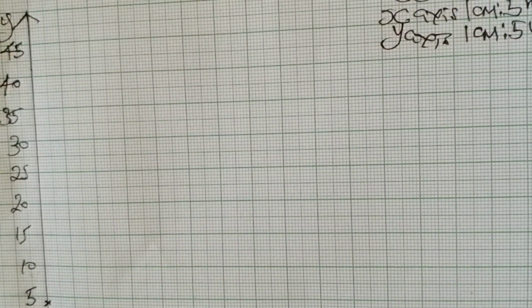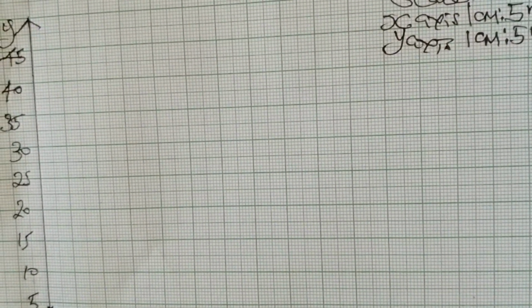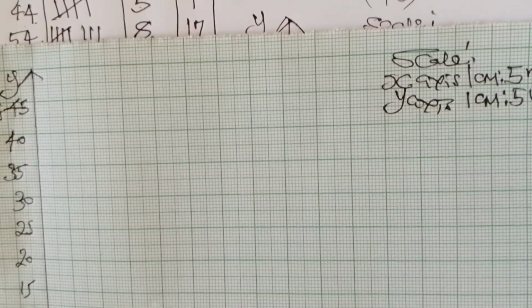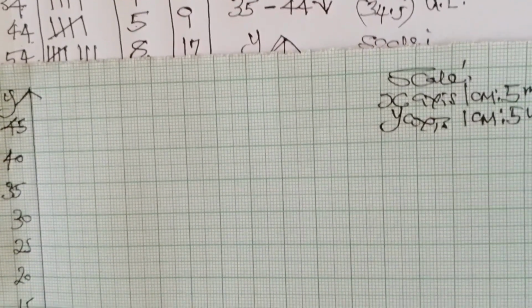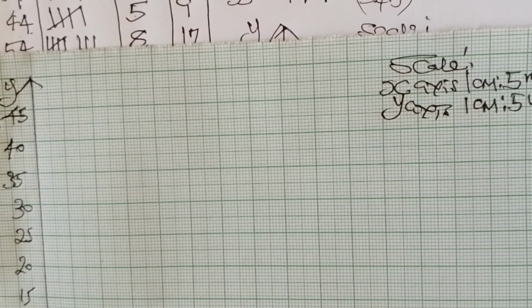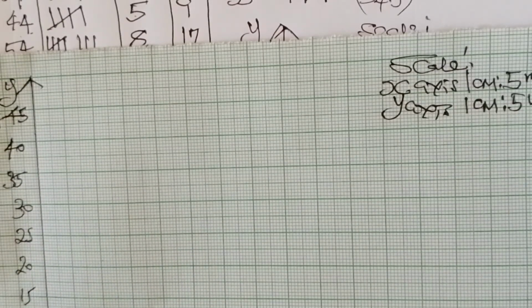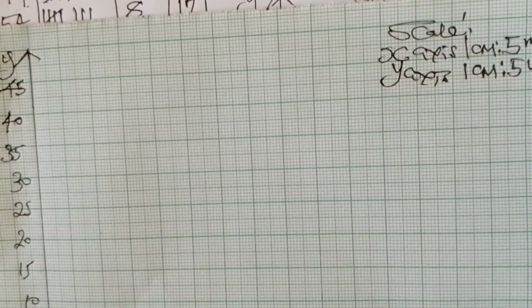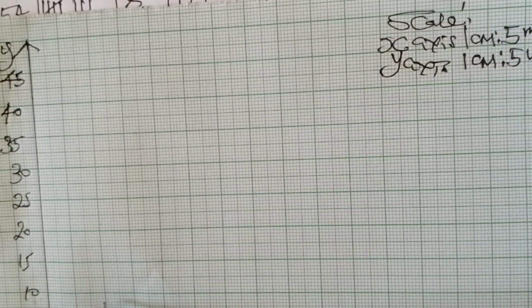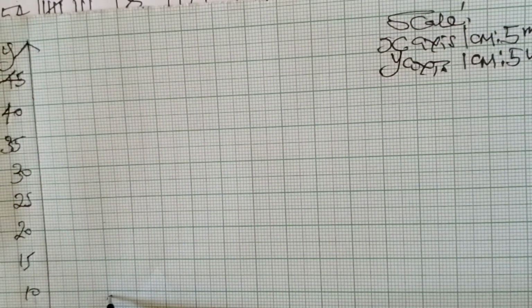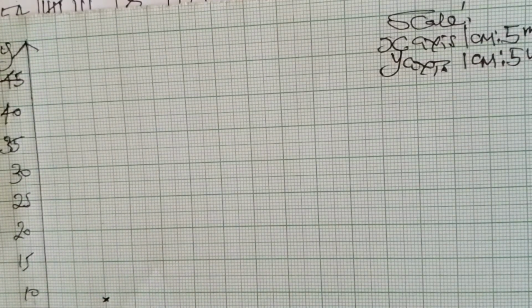At 44.5, our value is 9. Again, 9 will be at 2 small squares below 10. Put a mark there.